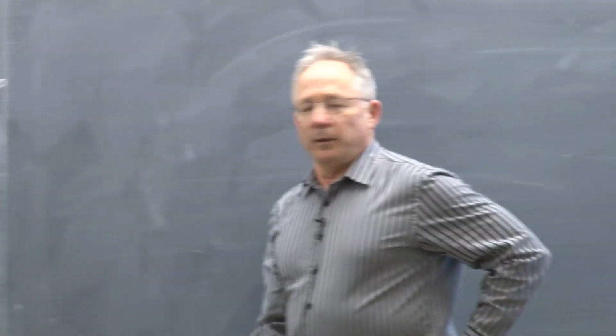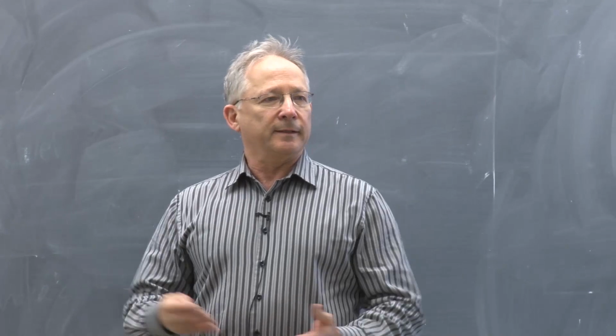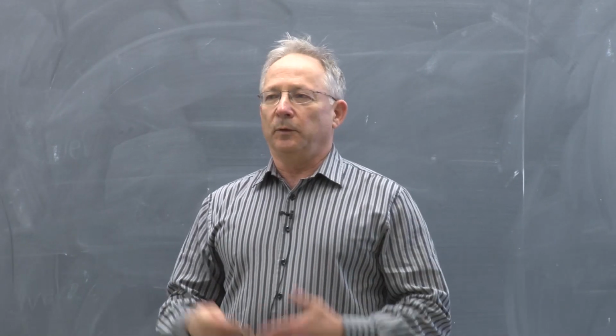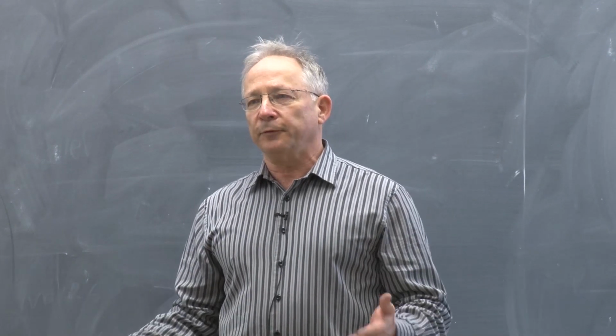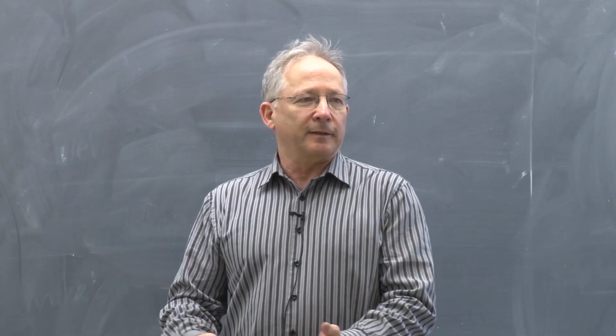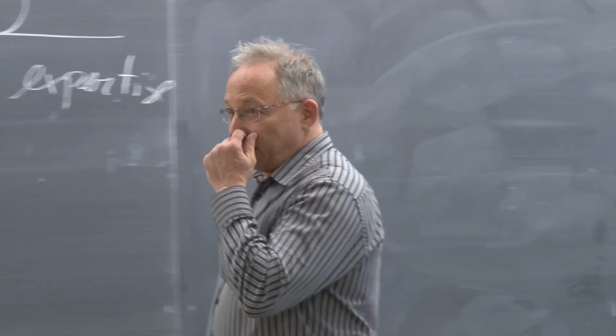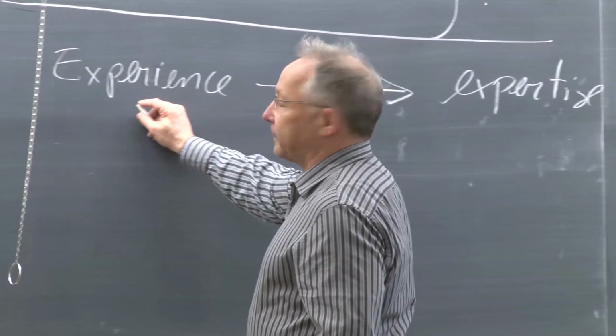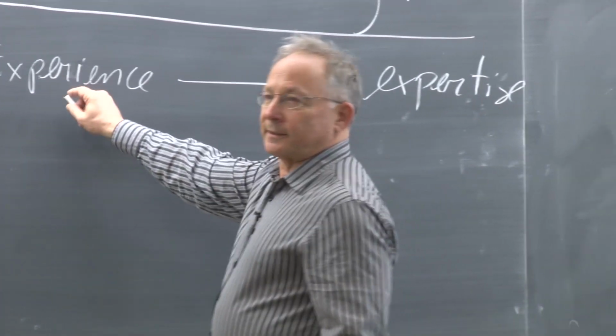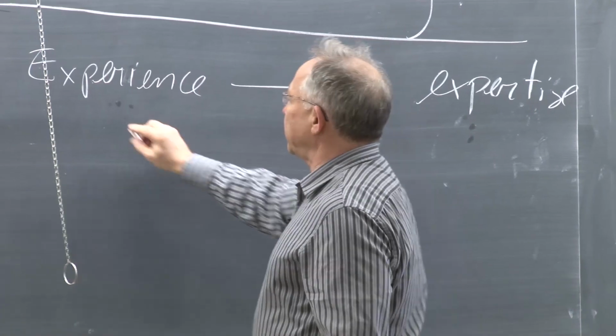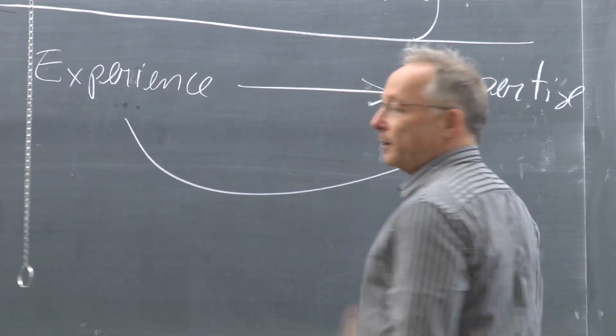So you encounter experience in some domain, you see more and more examples of it, and then you become an expert and you can give advice. And in machine learning we're trying to take this process of turning experience into expertise and program it.